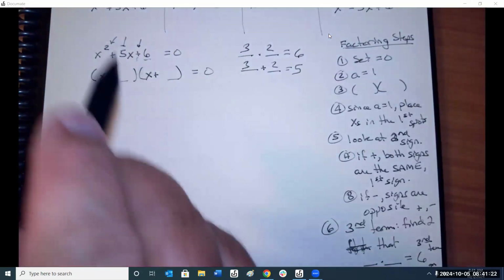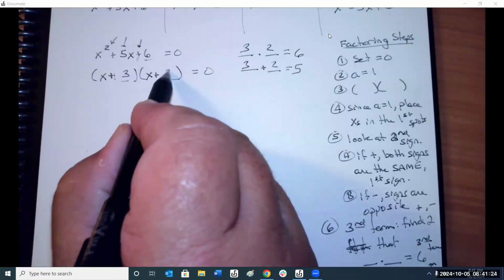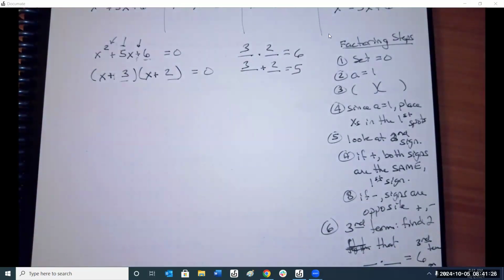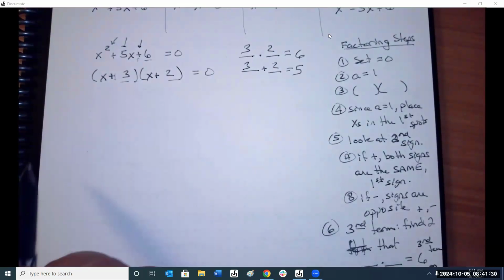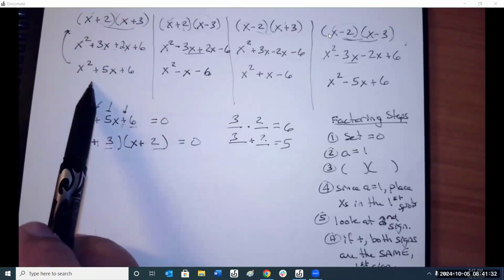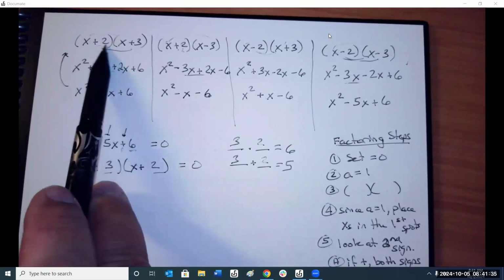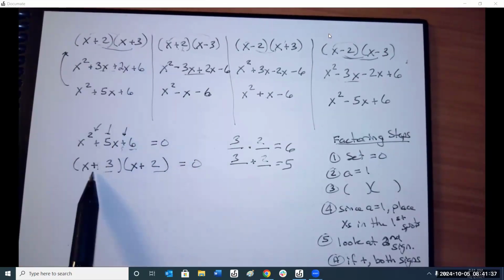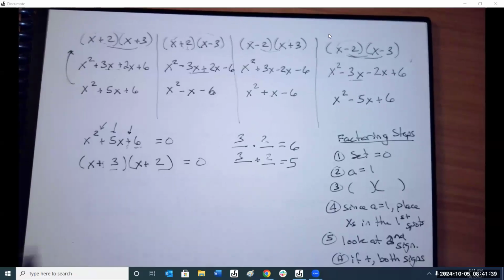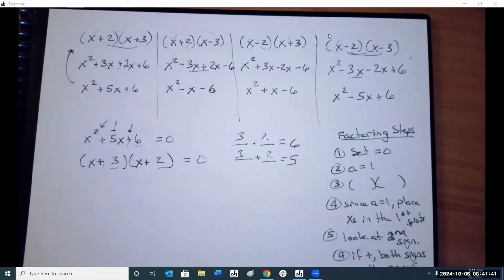And since they're both the same signs, we just put them both in there. And there we have it. That's how we factor them out. And sure enough, this one came from x plus 2, x plus 3. It doesn't matter which way you write them. 3 times 4 is the same thing as 4 times 3.